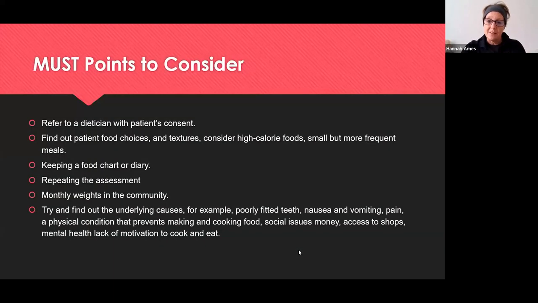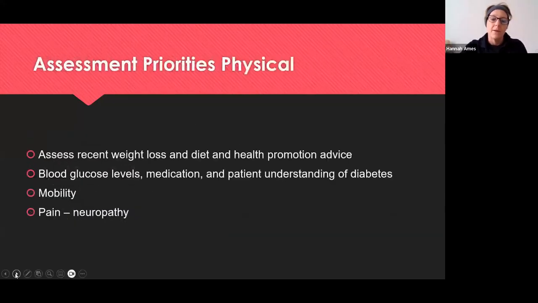And then use that information, like I said, to lead into a holistic assessment and find a bit more out about why they've had so much weight loss, and what is the nutritional situation with this patient, how much are they eating. So other assessment priorities, again, it depends on your time. You won't have a huge amount of time to do an in-depth assessment, but like I said, we're going to assess the recent weight loss, diet, and offer any health promotion advice around correct foods and quantity of foods and type of foods.